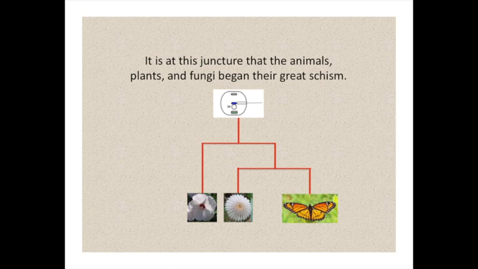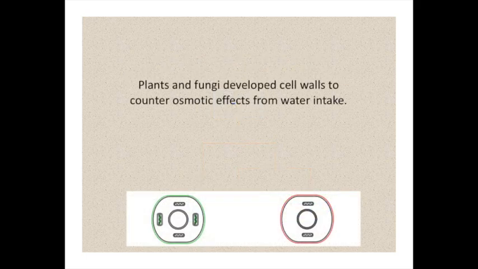As you can see from this diagram, fungi and animals are more closely related to each other than either one of them is to plants. Plants and fungi develop cell walls to counter osmotic effects from water intake.